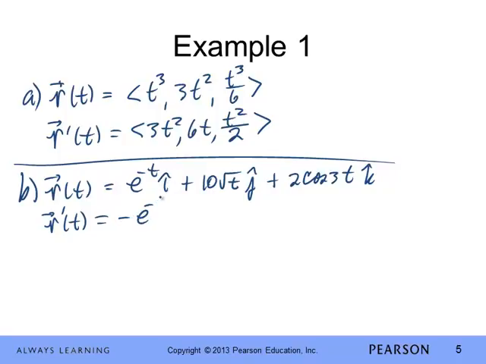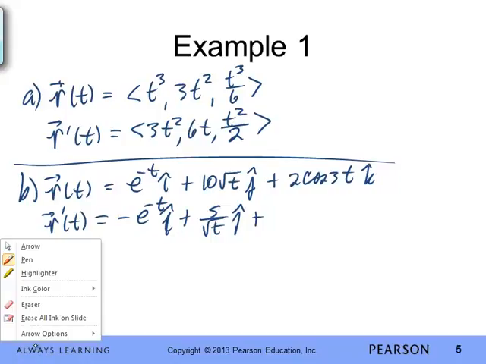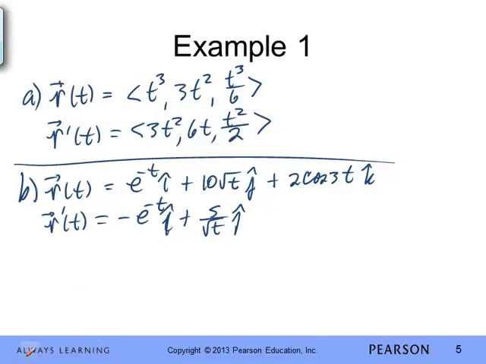Negative e to the negative t. There you go, that's i hat. Then plus, what's the derivative of 10 times the square root of t? 5 over root t, exactly, j hat. Plus the derivative of 2 times the cosine of 3t. What's the derivative of that? Yeah, so that would be negative 6, right? So we have minus 6 sine 3t k hat.